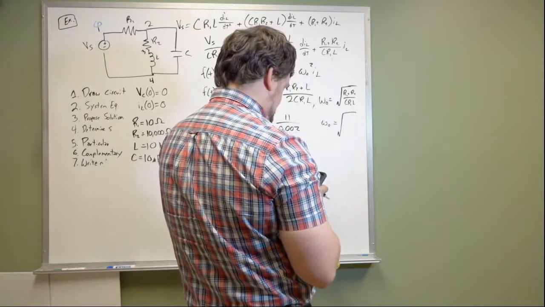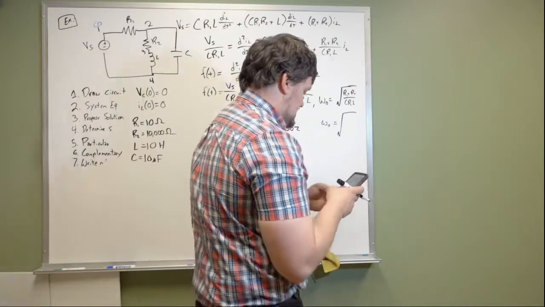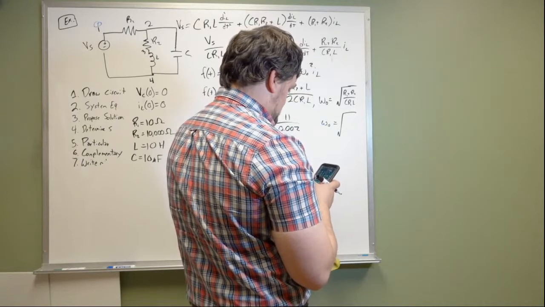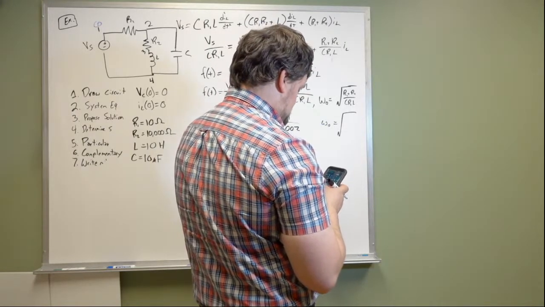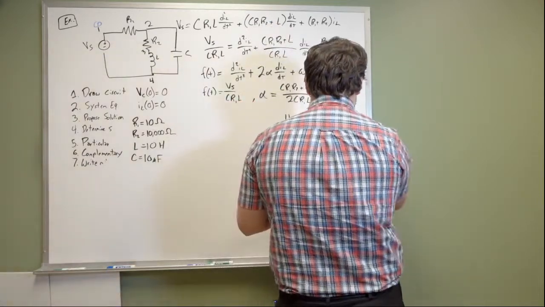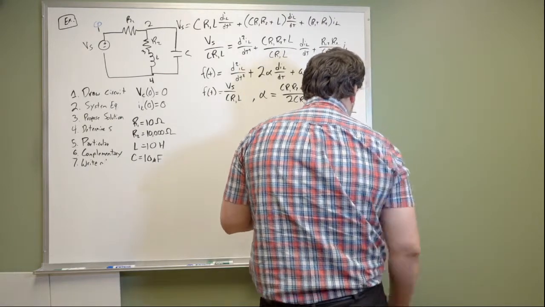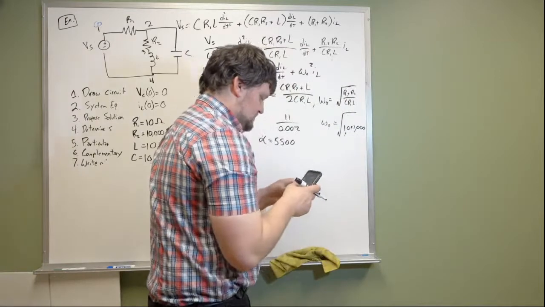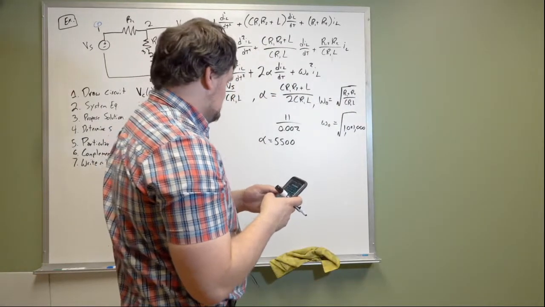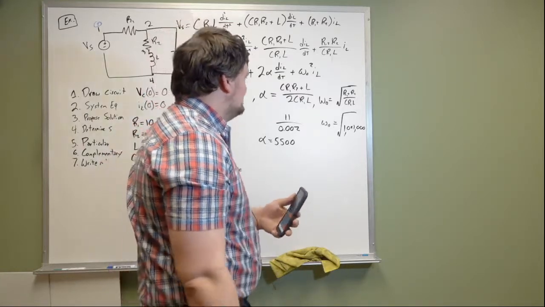Meanwhile our omega naught is equal to square root of, here we have R1, R2. So here we have 10,010 divided by 0.00001 times 10 times 10. So this is equal to the square root of 1,100,000. If I take the square root of that answer, it's still not an underdamped system. Let's flip.